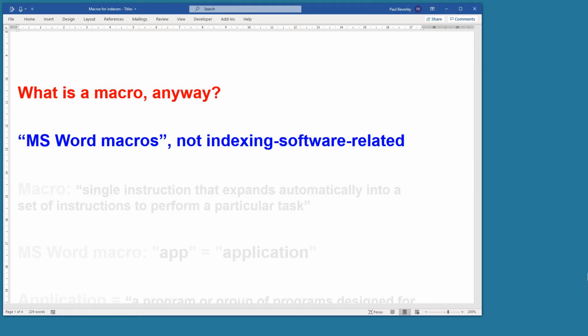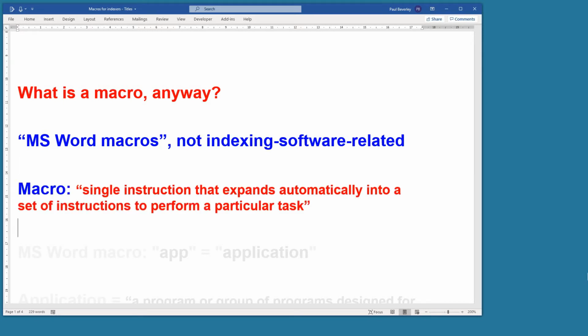So it's a different thing altogether, so we need to be sure what we're talking about. If you look on the internet, you'll get a definition something like a single instruction that expands automatically into a set of instructions to perform a particular task. So that's a sequence of events, actions that are set off by running a macro. That's not what I'm talking about.